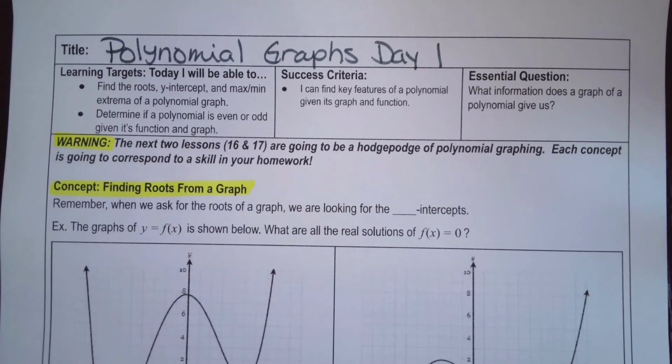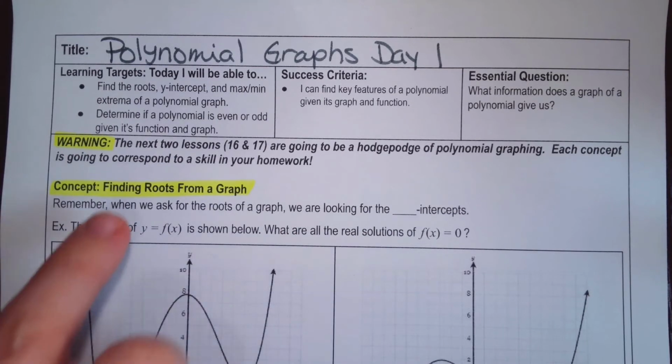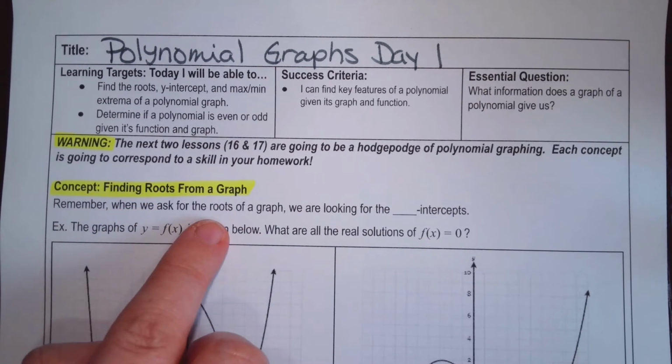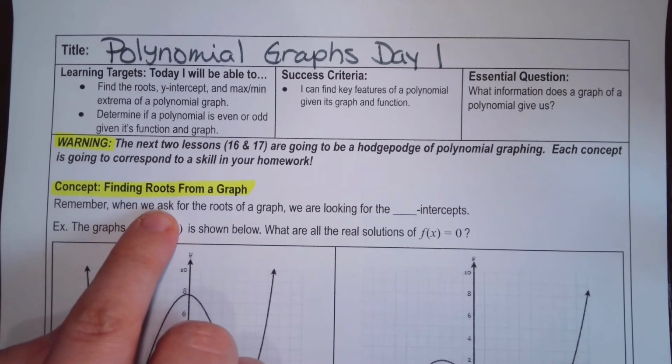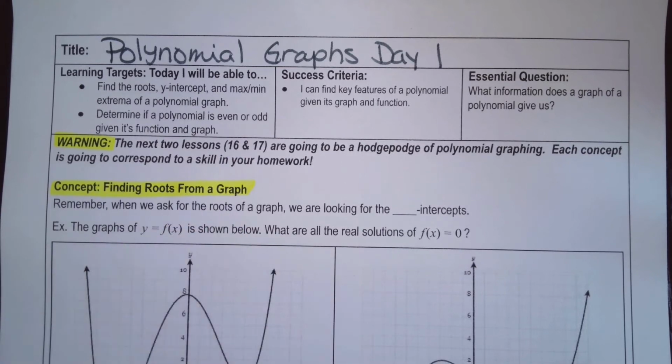So, to make it as nice as possible, each concept in your notes is going to correspond to a skill in your homework. So the name of each concept that's highlighted, that's the name of a skill directly linked in Delta Math.